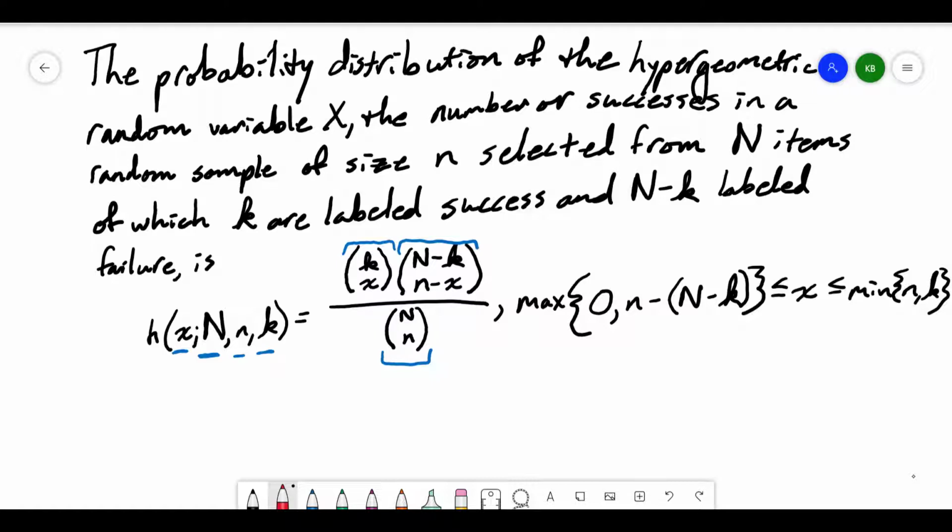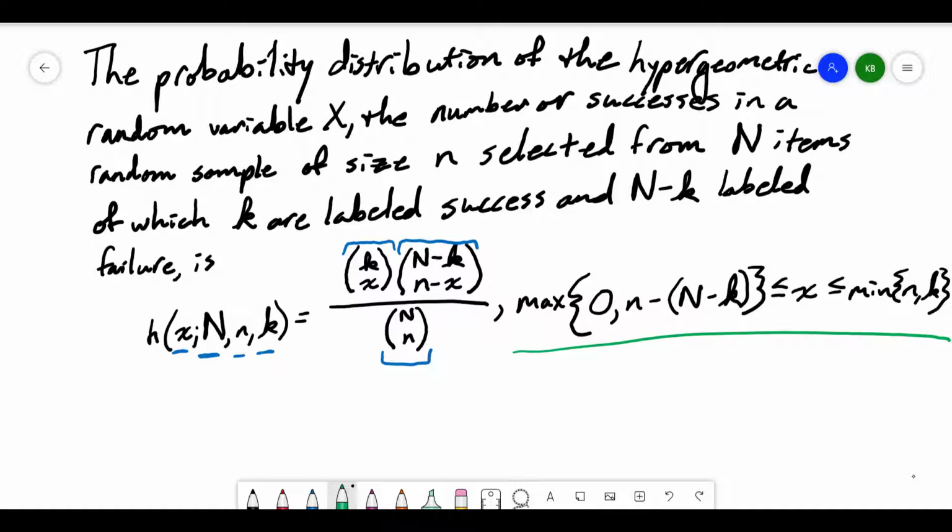Now, the range that they give here is all based on these three binomial coefficients that I have here. So I have k choose x, I have capital N minus k choose lowercase n minus x, and capital N choose lowercase n.